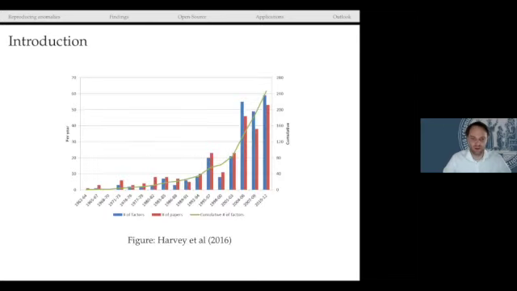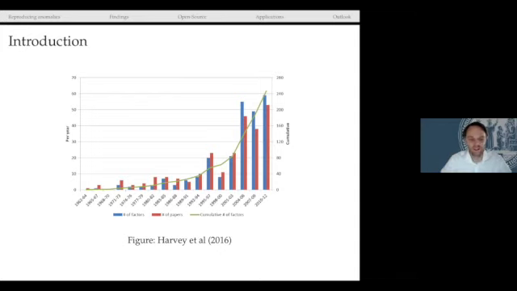Here's an overview from a paper by Harvey and co-authors from 2016, where they surveyed the number of signals that have been discovered in the literature, and you can just look at the green line, which is the cumulative number of factors. Let me immediately say that people are a bit vague about what is a signal and what is a factor.